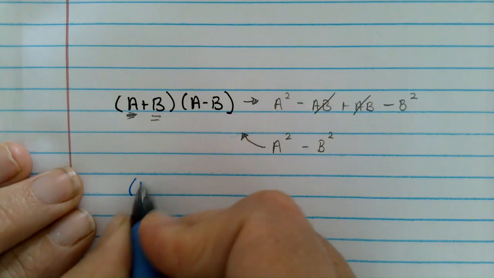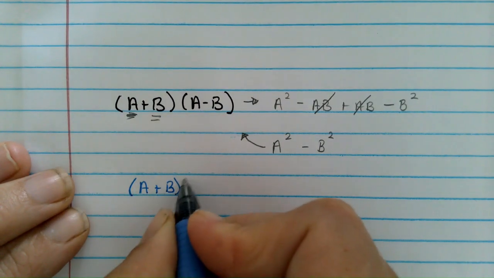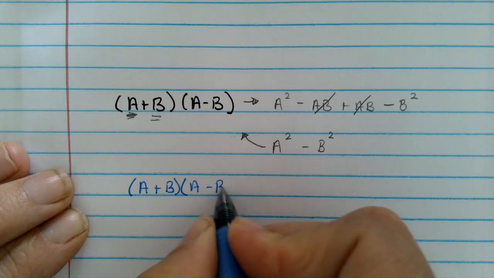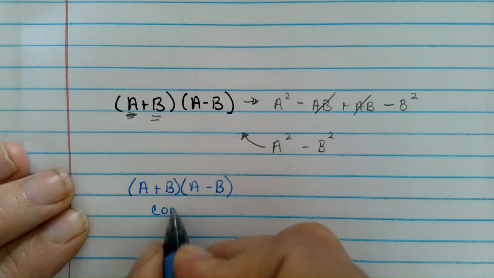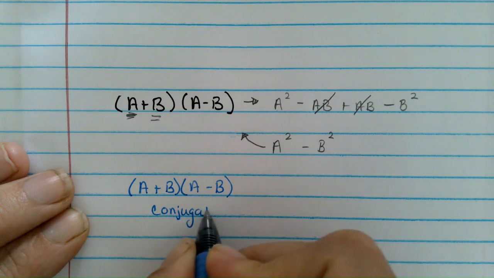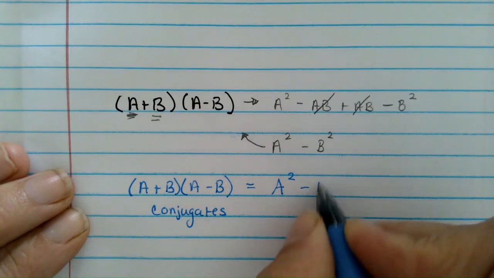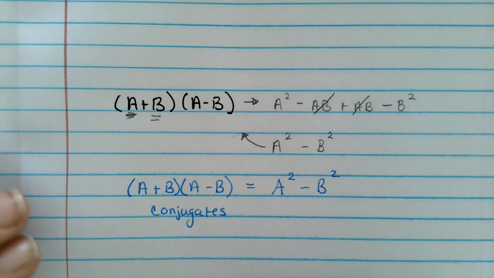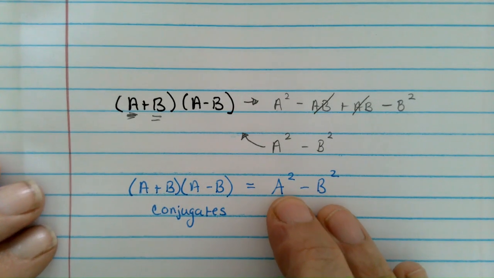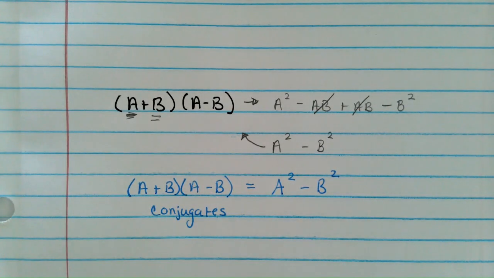When you see something where everything is the same except one's a plus, one's a minus, by the way, those are known as conjugates, extra fun vocab word, they will always equal the first thing squared minus the second thing squared. Or if you see something squared minus something squared, can you go back to these factors? Yeah. It's kind of like saying 2 times 5 is 10, so 10 is 2 times 5. We can either multiply or we can factor it out. Either way.